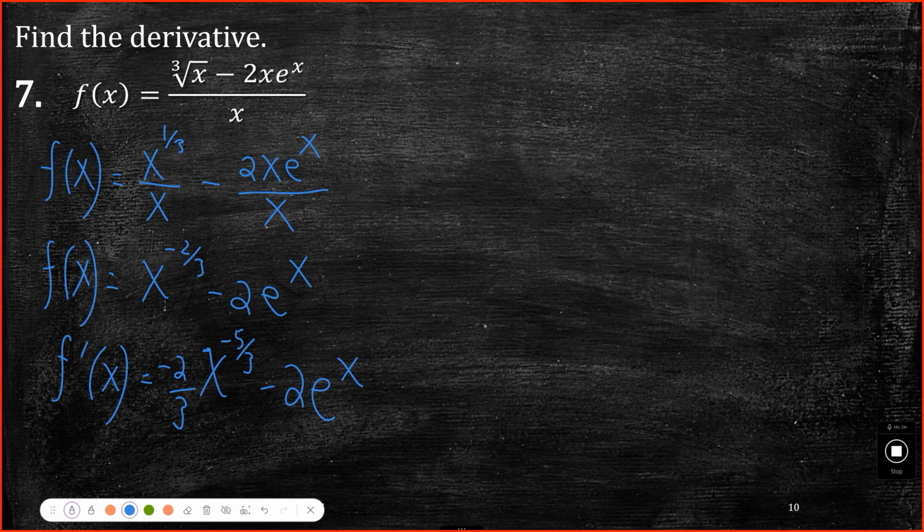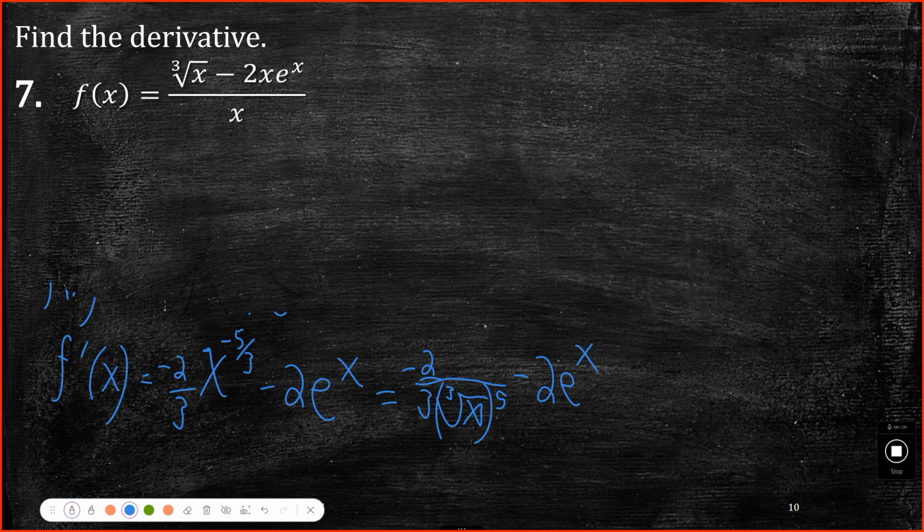This should be almost like the final answer, but on a multiple choice, they usually put this negative 2/3, and then maybe they even do this, third root of x to the 5th power, and then minus 2 e to the x. You just got to be able to see how they rewrite it, in which way they have it.